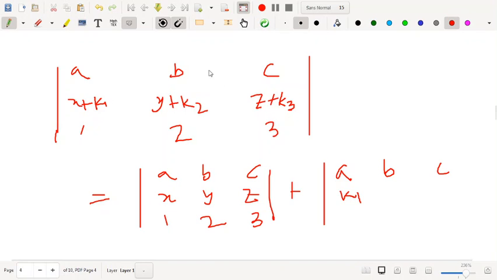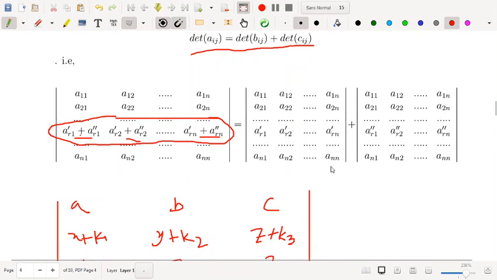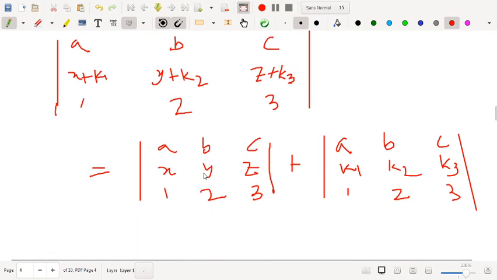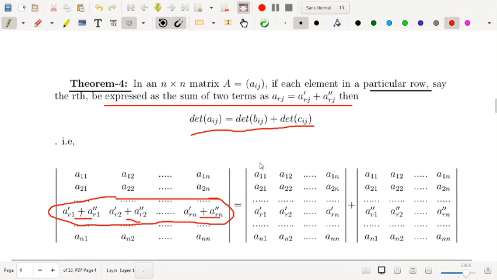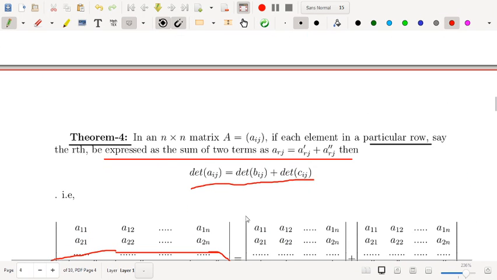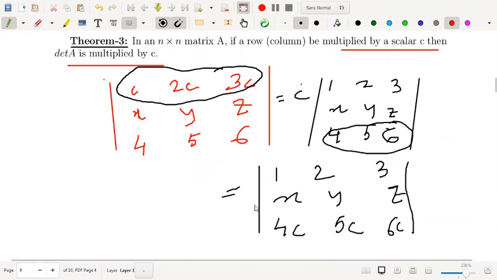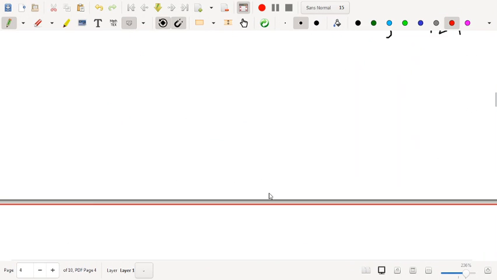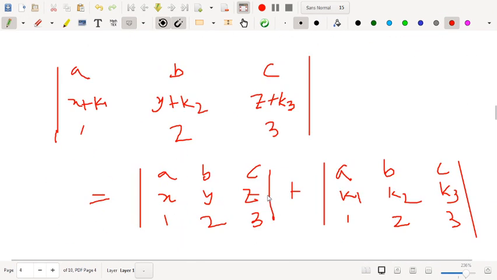You are concentrating on the second row and you are splitting into two determinants. So k1, k2, k3, right? And your last row and the first row remain the same. So this is how you are applying this property. You can split the determinant. Okay, clear? So this is how you apply the properties. These operations on determinants are very helpful for solving problems actually.